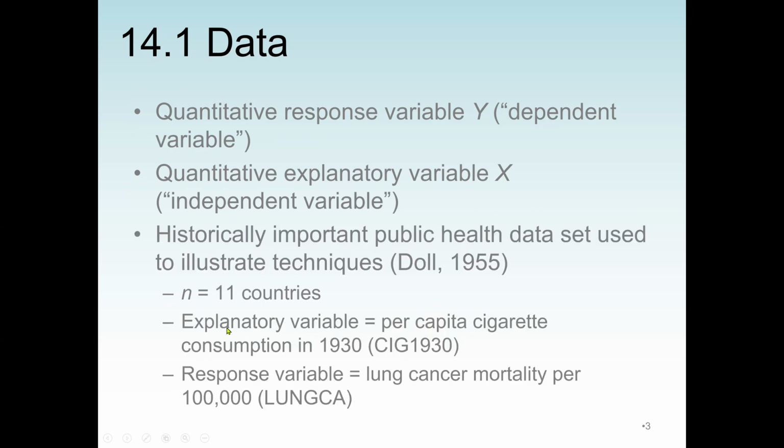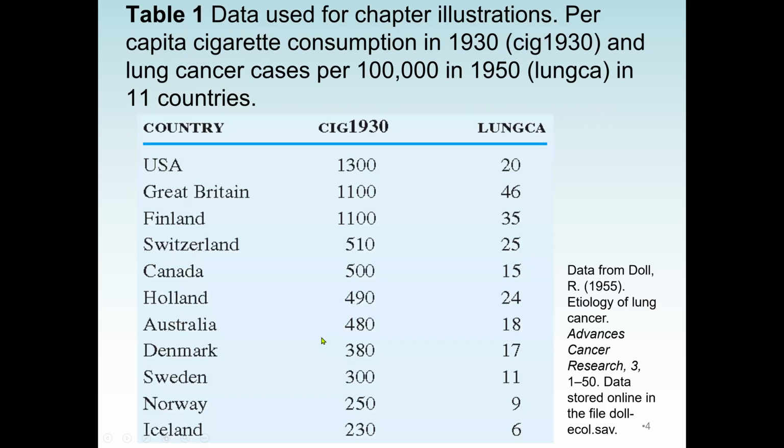So let's see how this data looks. So this is our data set. Again, this data set was generated in 1930. We have some countries, the cigarette consumption, and then the lung cancer. And the country is nominal data, so we are not going to use that in our scatter plot.